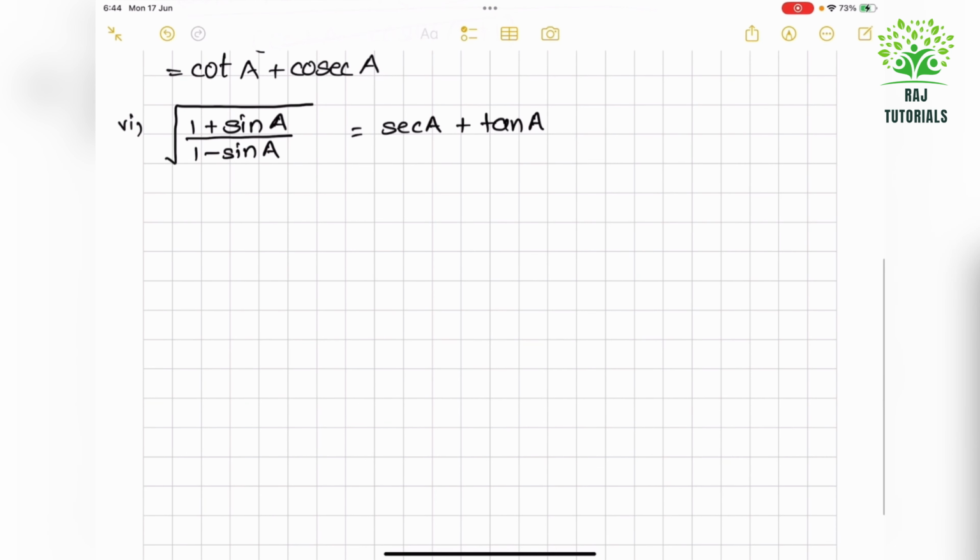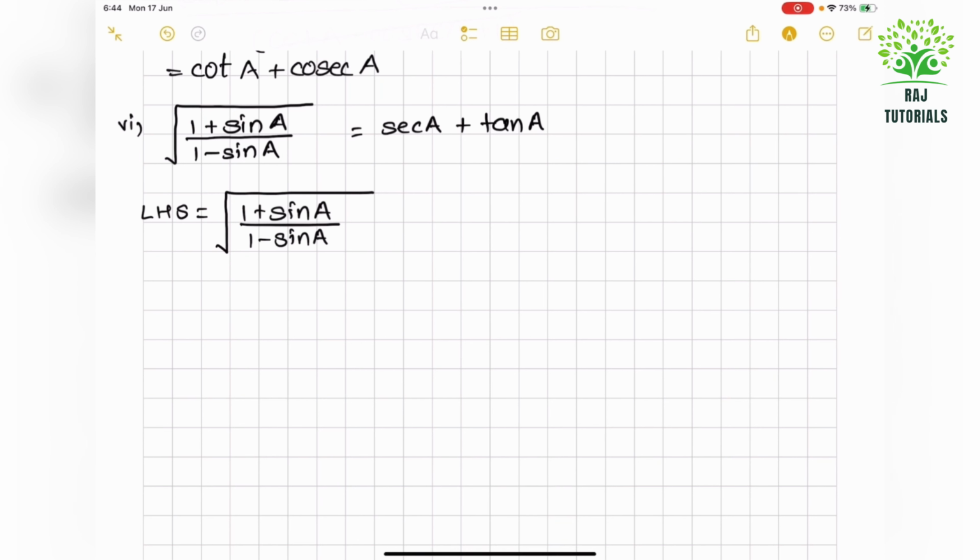Now next one is root of (1 plus sin A) upon (1 minus sin A) equal to sec A plus tan A. So here, LHS I am taking root of (1 plus sin A) upon (1 minus sin A), and I am rationalizing it.